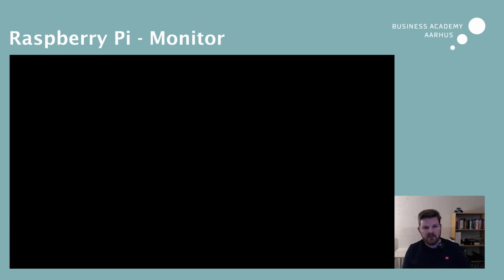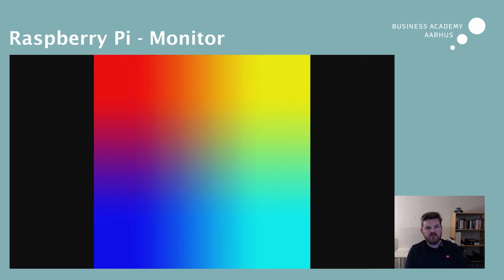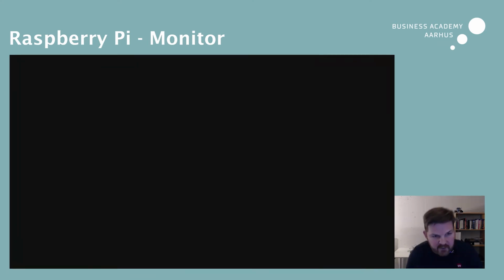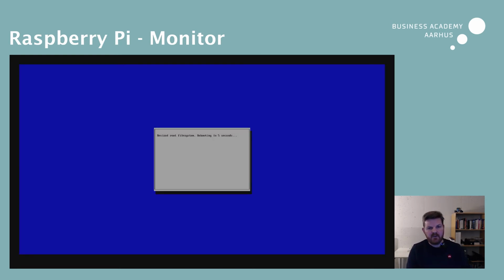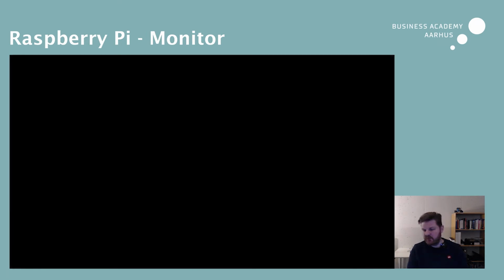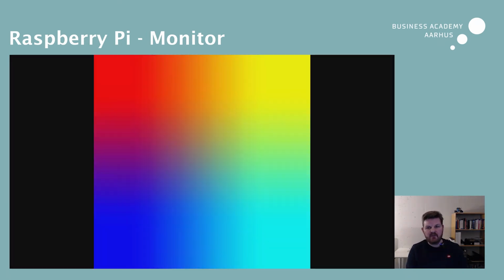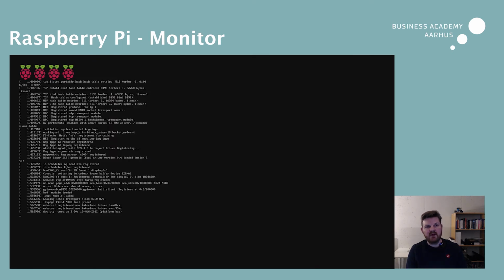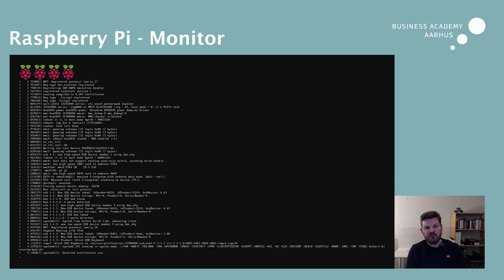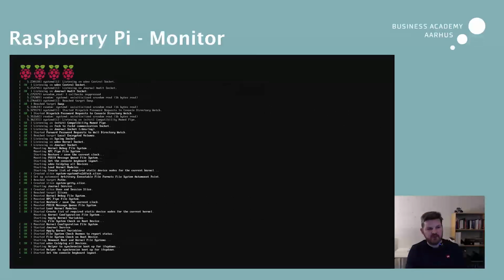And if you are connected to a monitor, you should see something like this appearing here, and the Raspberry Pi begins booting up. And it will reboot a couple of times, so it's very important that you do not disconnect power while it is booting, otherwise you could damage the SD card and you'll have to buy a new one yourself.